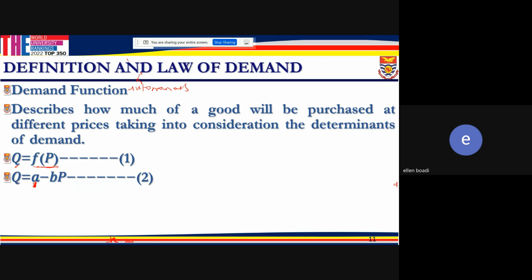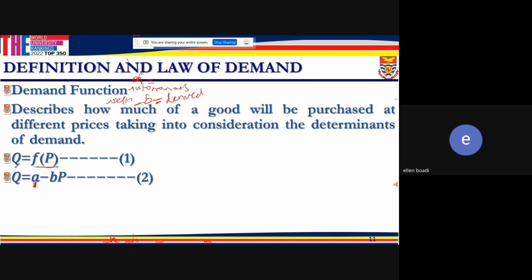A is equal to autonomous demand. Then B, we call it derived demand. So B is a coefficient.